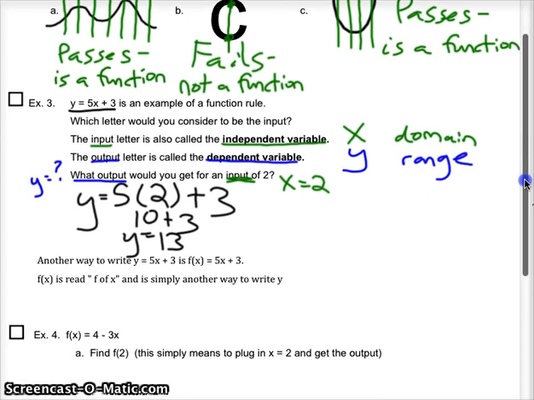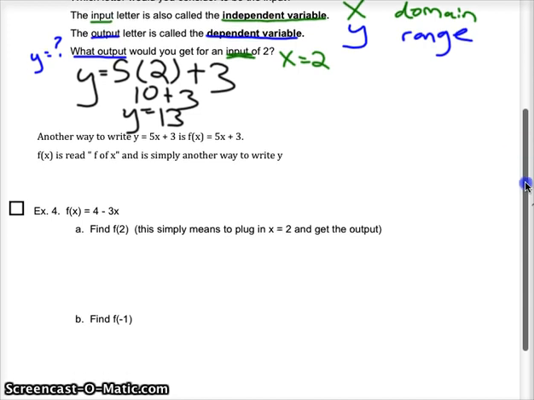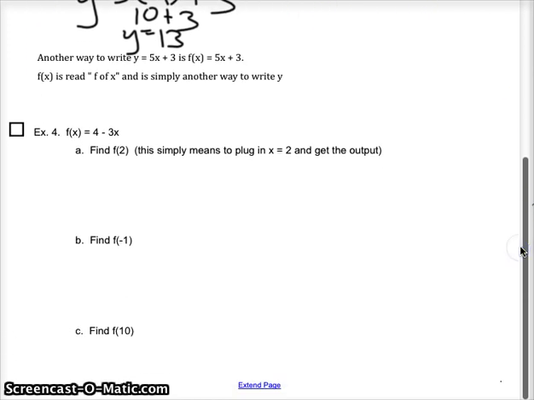Right, and here, another way to write y equals 5x plus 3 is f of x equals 5x plus 3. And again, I've already touched on this, but f of x is just another way to write y. And it's something you've seen for a while now, so it's nothing too surprising to you. So, in example 4 here, we're going to work on using that notation.